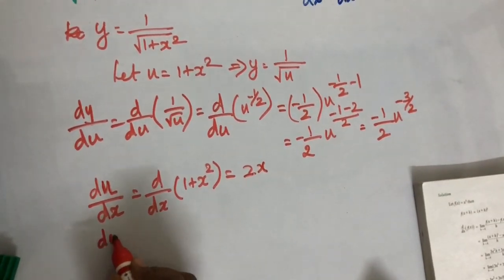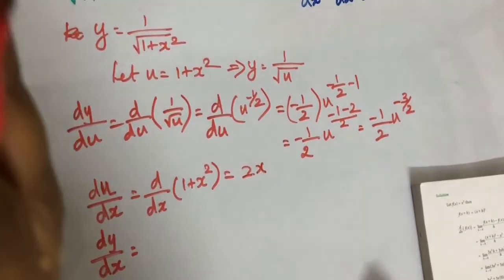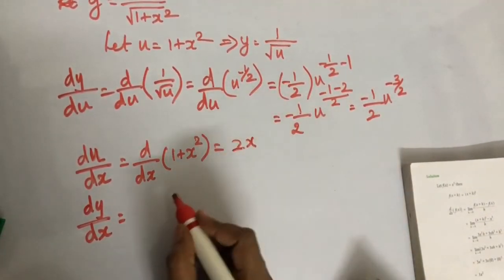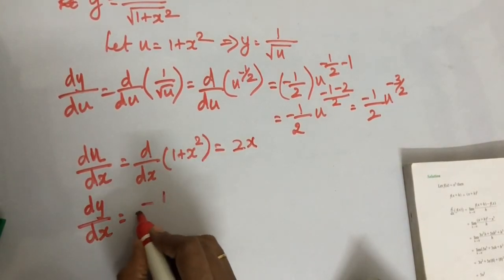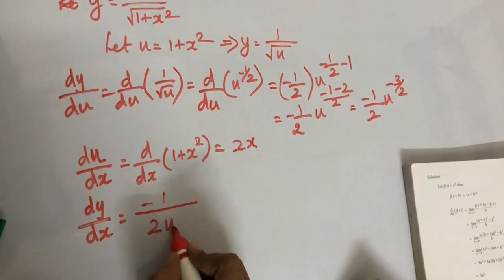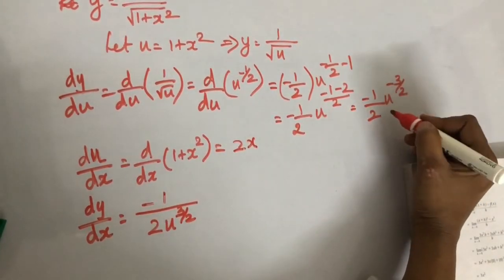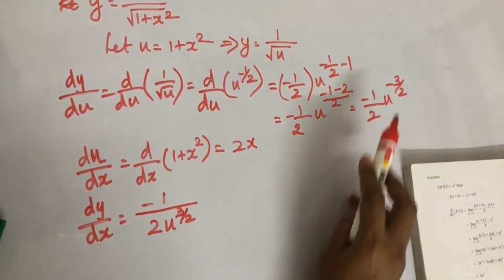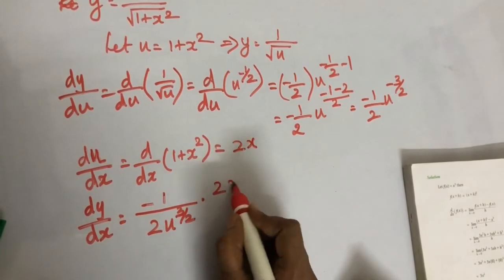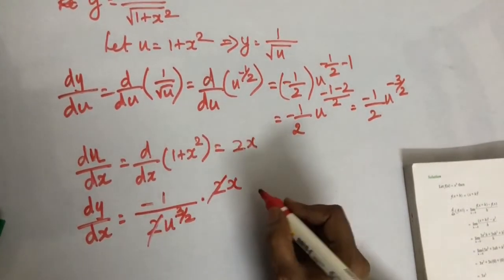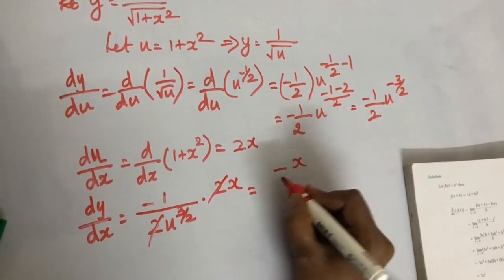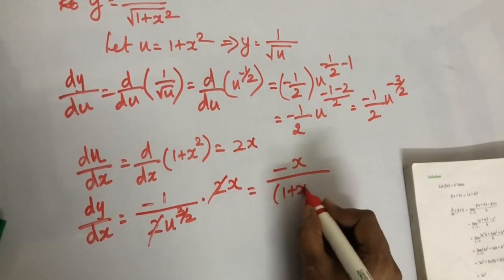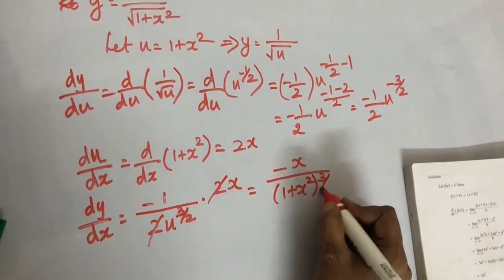So, dy by dx is equal to dy by du into du by dx. dy by du is minus 1 divided by 2 into u power 3 by 2. I am bringing this down to the denominator. So, minus 1 divided by 2 u power 3 by 2 into 2x. 2 and 2 will get cancelled. So, it is minus x divided by, what is our u? u is 1 plus x square. So, 1 plus x square the whole power 3 by 2.